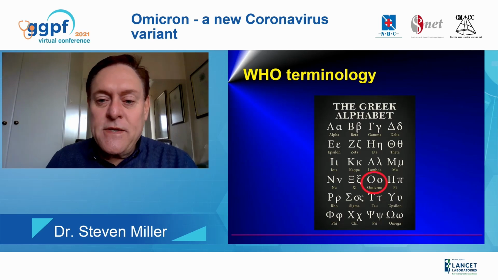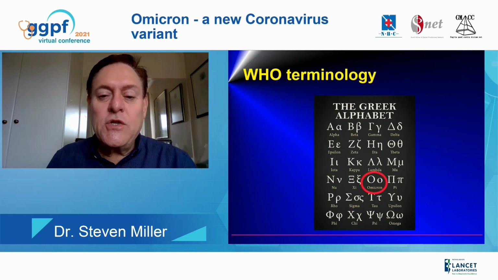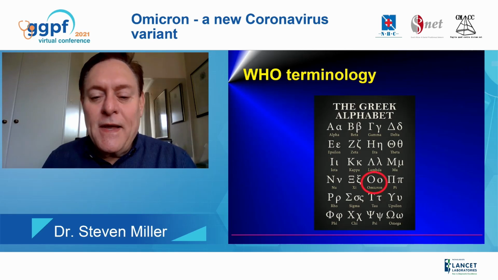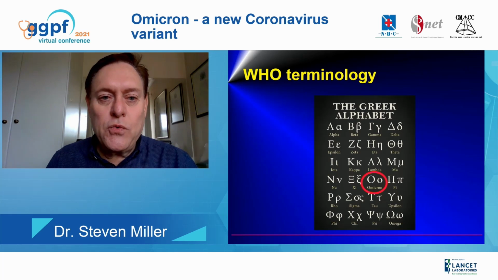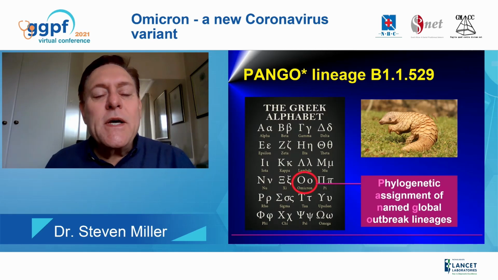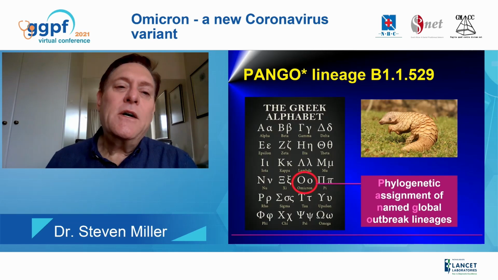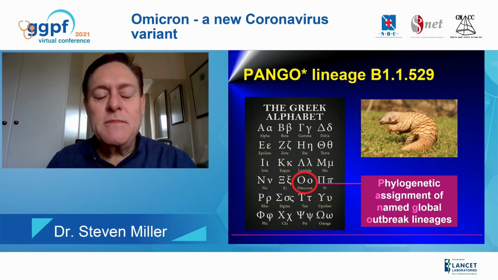So Omicron is the new circulating variant of SARS-CoV-2, which we recently identified in the Molecular and Virology Laboratory at Lancet, and that information has now been shared, as you know, worldwide. It also goes by other names depending on different classification systems.